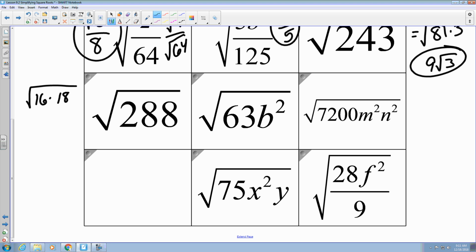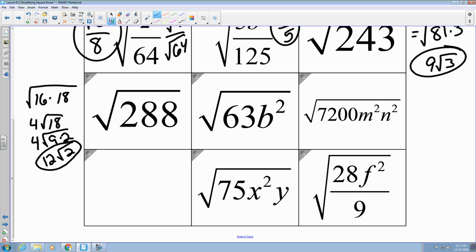So the square root of 16 is 4, so I have 4 times the square root of 18. Now, I can simplify 18 further because it turns into 9 times 2, and the square root of 9 is 3, and 3 times 4 is 12, so I have 12 times the square root of 2. You could have also written it as 144 times 2 and got the same answer, but it took a little bit of an extra step.